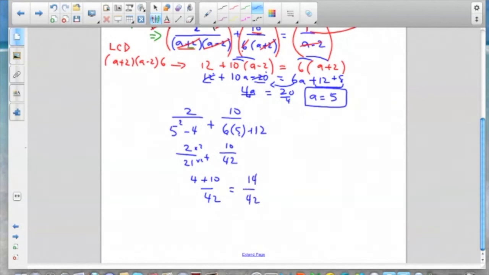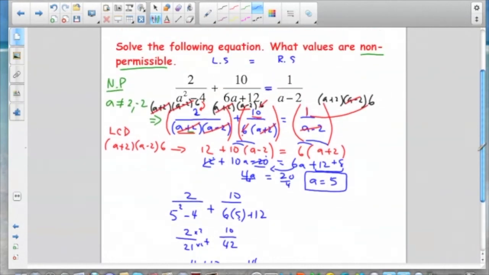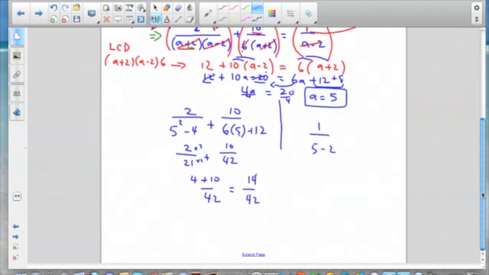Okay? Now, let's look at the other side, because the other side has to equal as well. So we have 1 over 5 minus 2. And 5 minus 2 is 3.